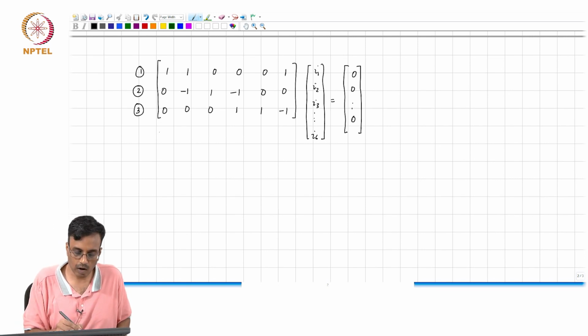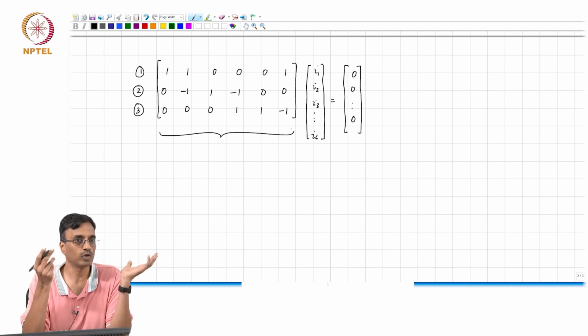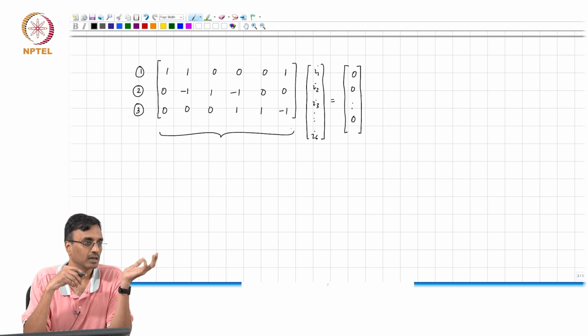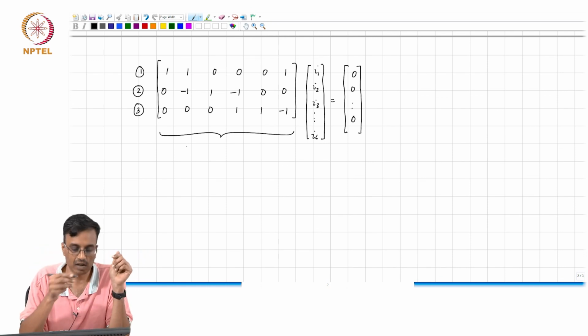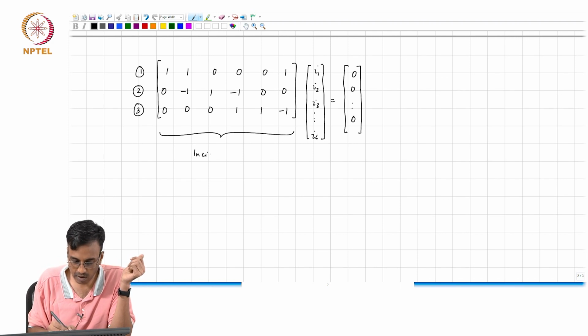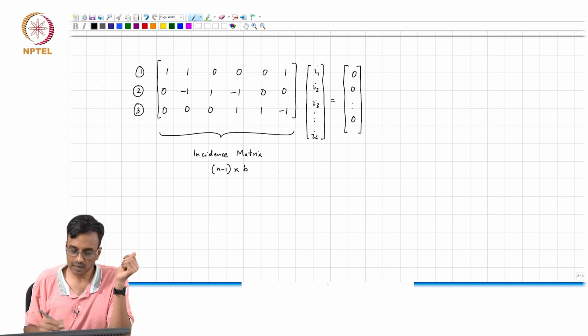Now, if you remove the augmentation, what do you get? What do you think you will call this matrix? Well, the augmented incidence matrix minus the augmentation basically means that this is the incidence matrix, and this is an n minus 1 cross B matrix. This is a B cross 1 matrix, and this is an n minus 1 cross 1 matrix.